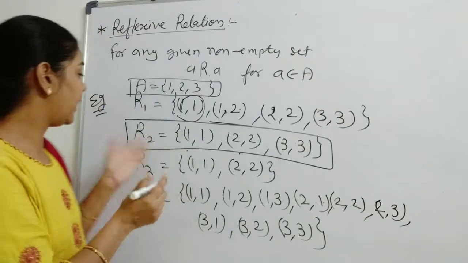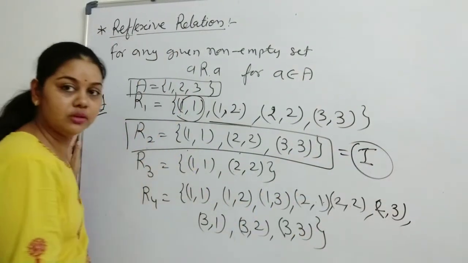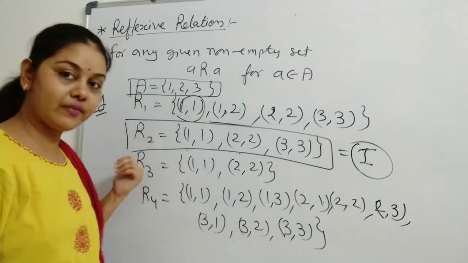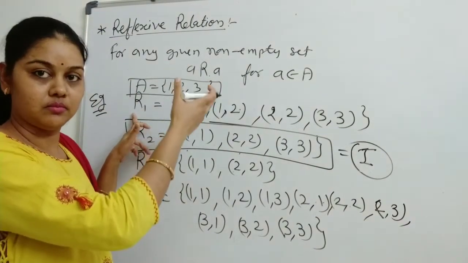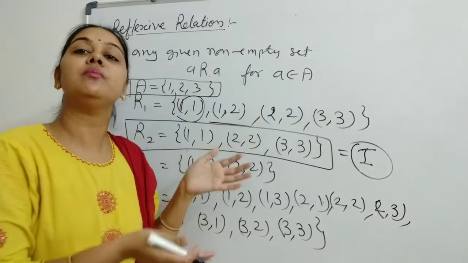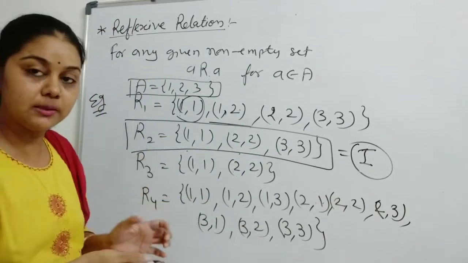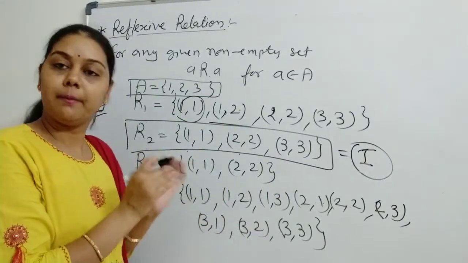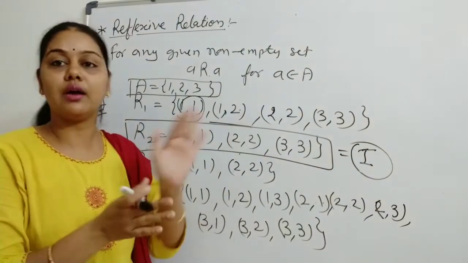I can say that all identity relations are reflexive, but all reflexive relations, like R1, are not identity relations, because there may be some other elements belonging to the relation.